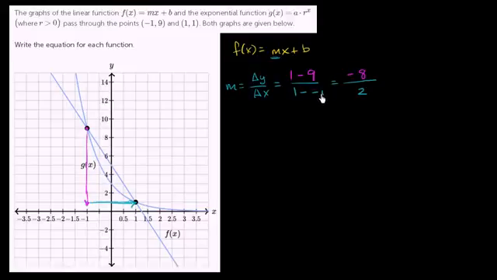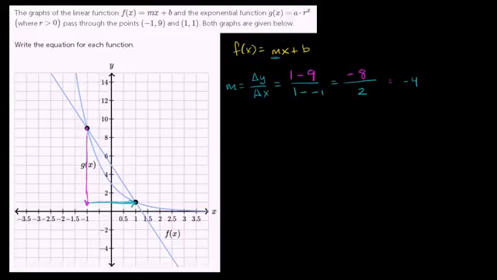When x is negative 1, y is 9. Another way to think about it, we're finishing at x equals 1, y equals 1. We started at x equals negative 1, y equals 9. And so we just took the differences. We get negative 8 over 2, which is equal to negative 4.